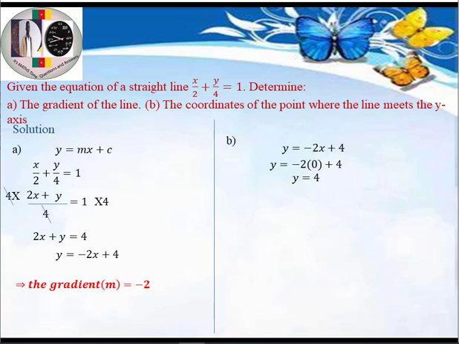That's the y coordinate of the point where the graph touches the y-axis, and the x coordinate of that point is 0. So the coordinates of the point where the line meets the y-axis will be (0, 4).